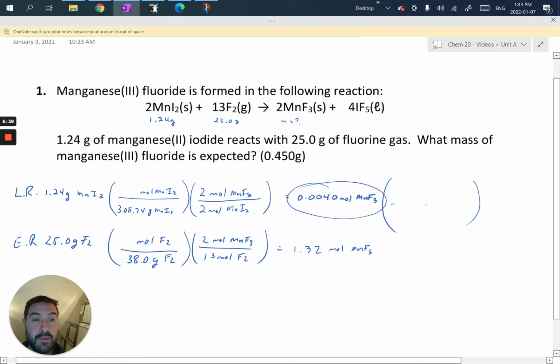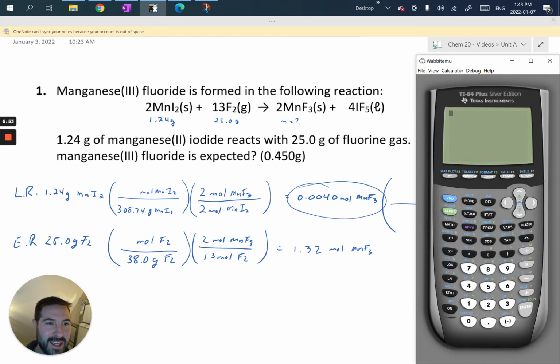What I'm going to do with that is convert it to grams, because the question's asking me for mass. So I need the molar mass of MnF3 here. I'm going to need to go and calculate that because I did not do that before. Manganese has a molar mass of 54.94, plus my 3 fluorines.